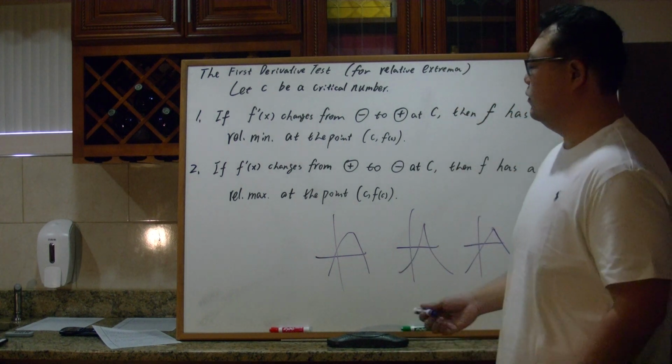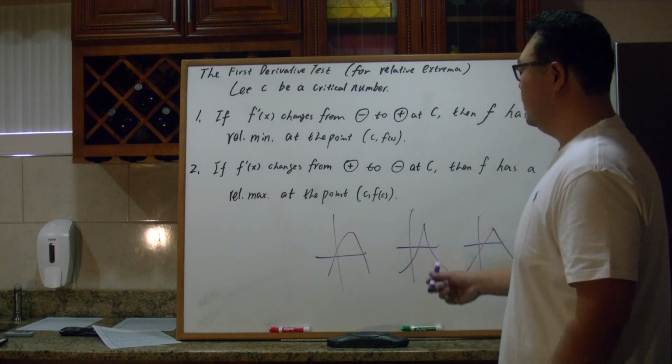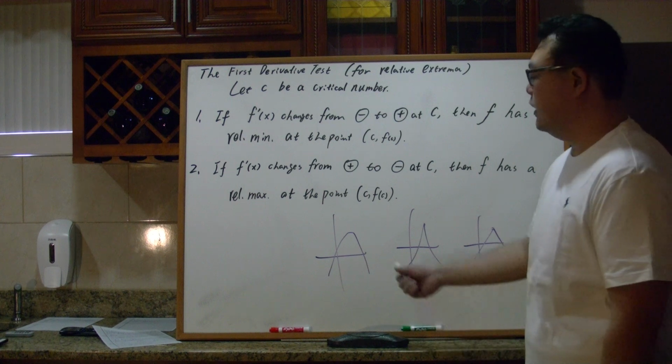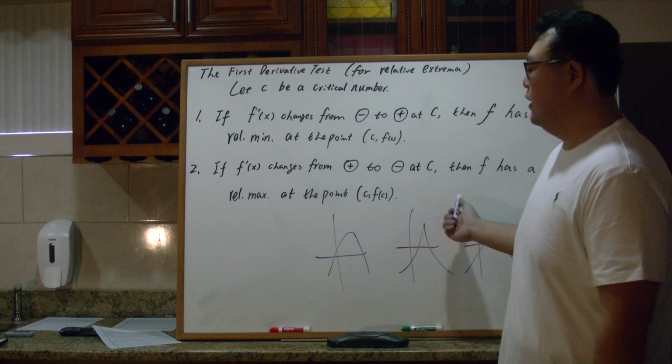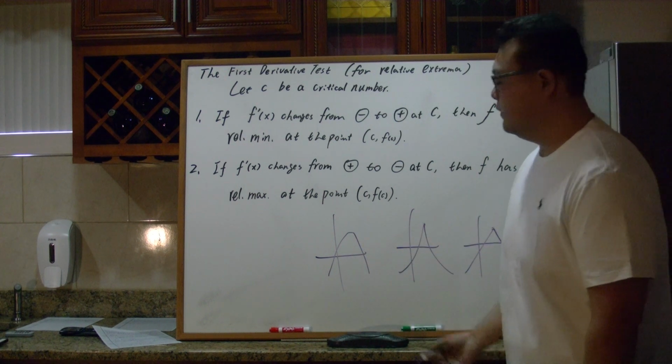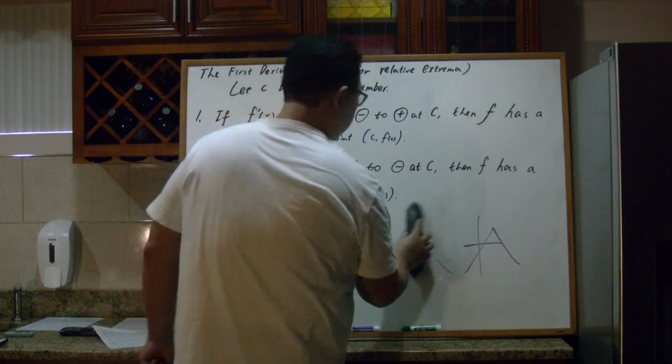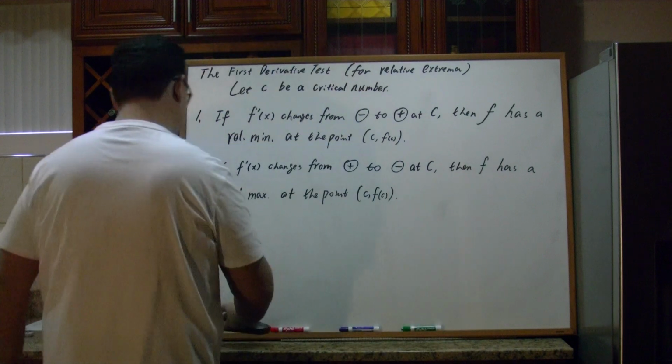Either way, from increase to decrease at the value of c, we get the function has a relative maximum at the point c, f of c. Graphically it makes sense, right?